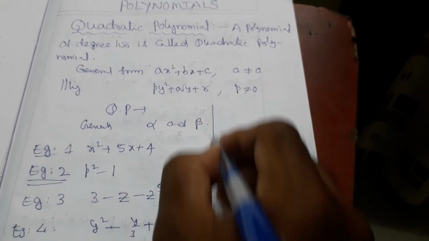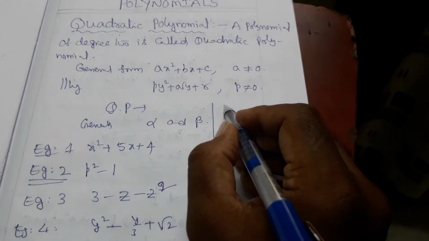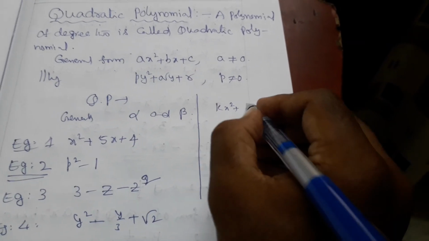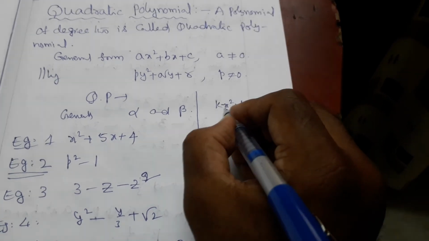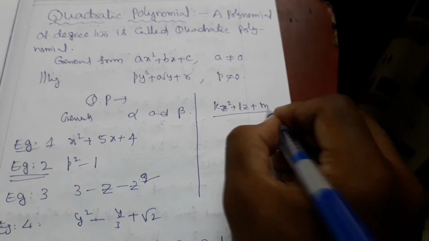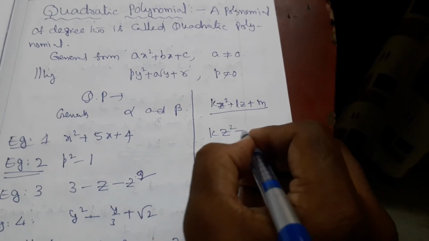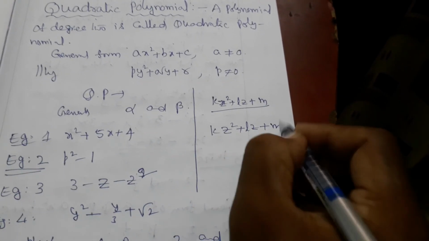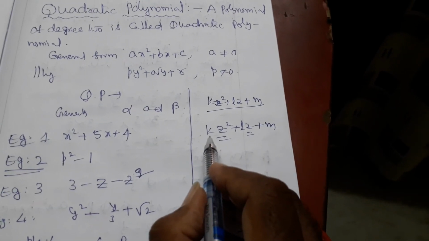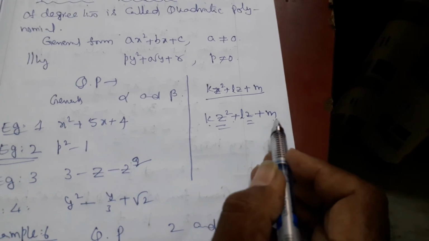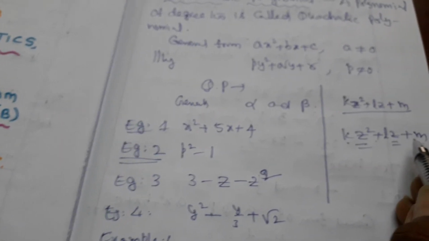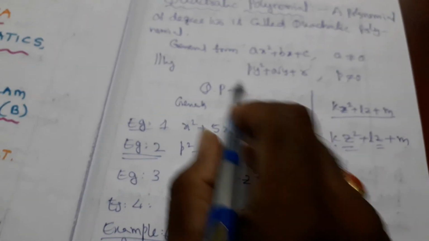If we take z as the variable, then kz square plus lz plus m. That means z is the variable here and coefficients are k, l, m, consecutive letters in the English alphabet. Like this only we have to write the general form.